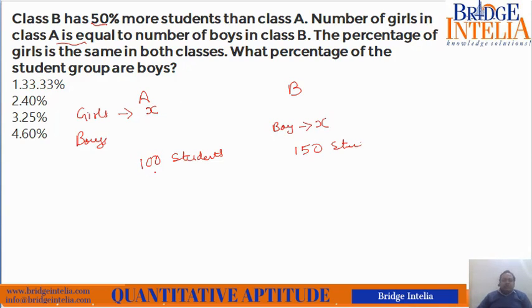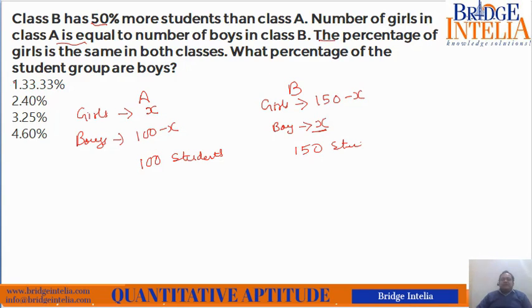Out of 100, x are girls. In class B, out of 150, x are boys. So the remaining must be girls, 150 minus x. Similarly here, boys are 100 minus x.